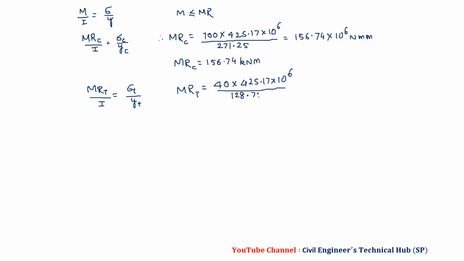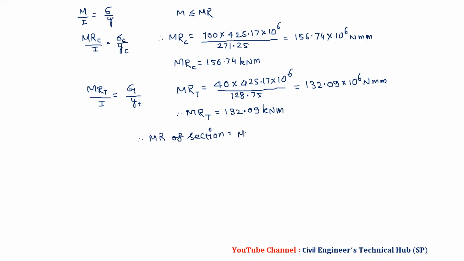If you calculate this value, we will have 132.09 into 10 raised to 6 Newton millimeter. And therefore we have MR in tension as 132.09 kilonewton meter. And therefore MR of section is the minimum of 1 and 2.